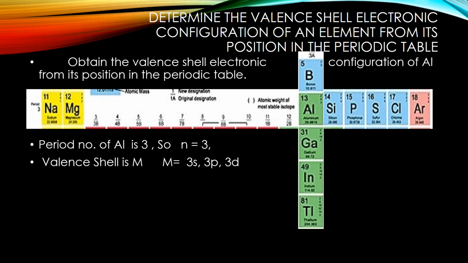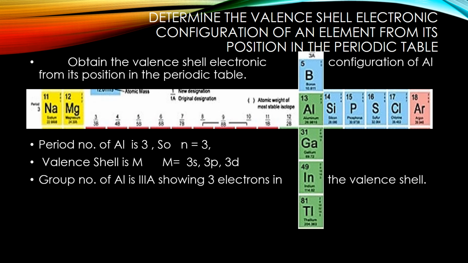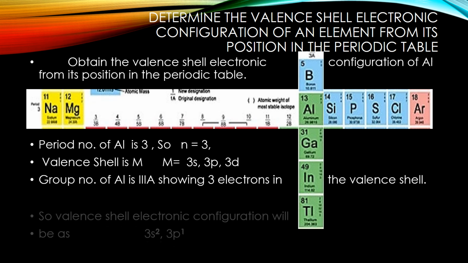Now we will look at in which period this aluminium exists. It is the third period, and its group number is 3A. So aluminium is present in the third period and third A group. You know that this third A indicates that aluminium contains 3 electrons in its valence shell.